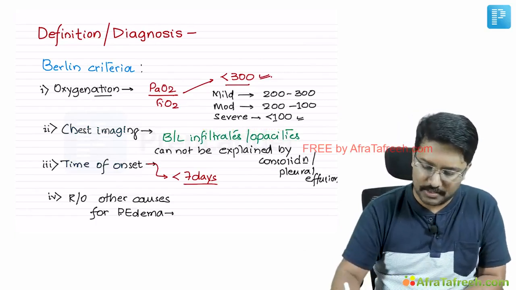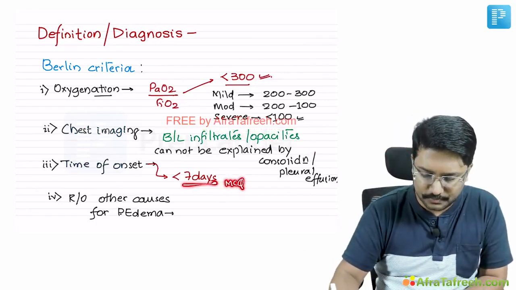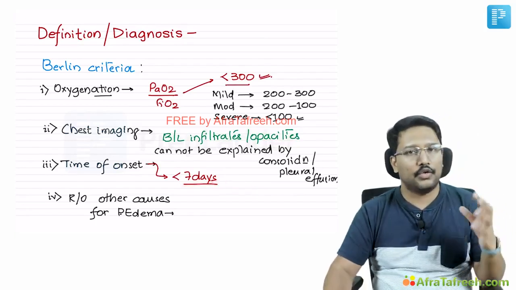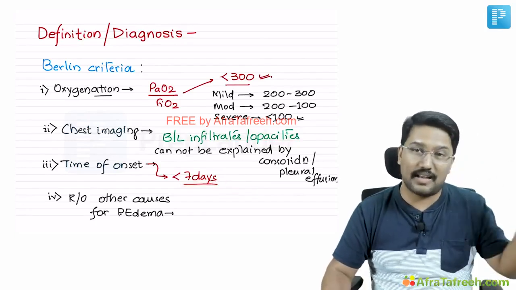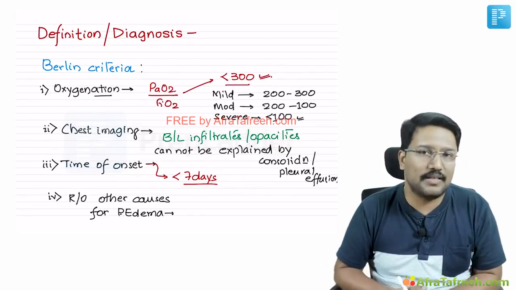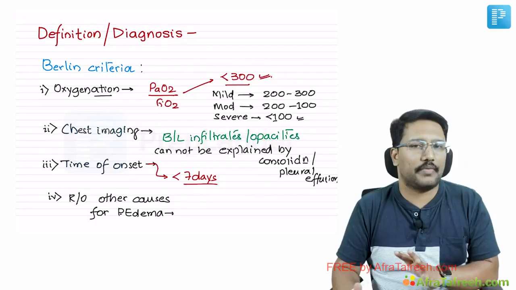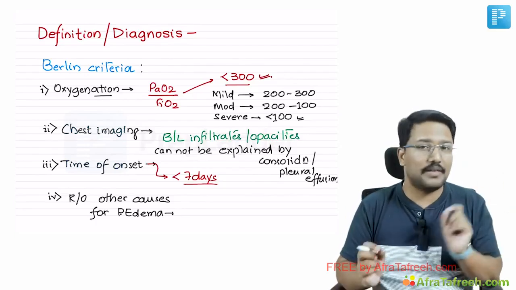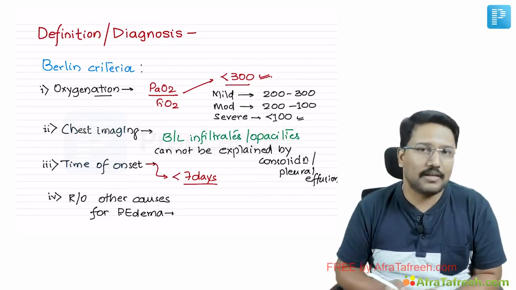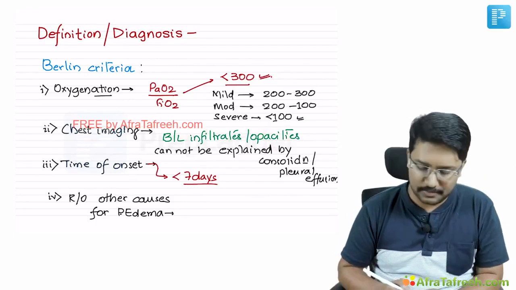So this temporal correlation itself can be an MCQ point. It's not like you had some polytrauma or road traffic accident last month and now you're presenting with respiratory distress. We cannot consider this. Could still be a case of ARDS, but certainly that polytrauma event is not responsible. That's not the clinical insult responsible for ARDS, right?